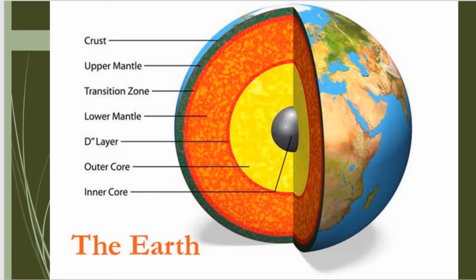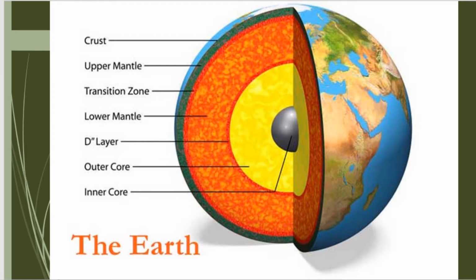Because of that very high temperature underneath, it affects the outer core with the same temperature. So even the outer core is very hot, but also has heavy rocks, so they exist in a solid form.